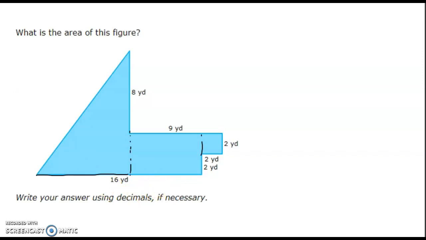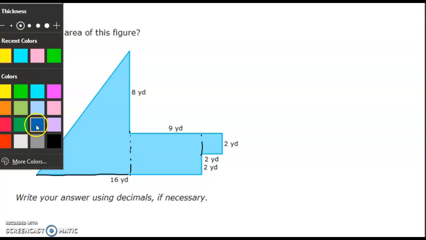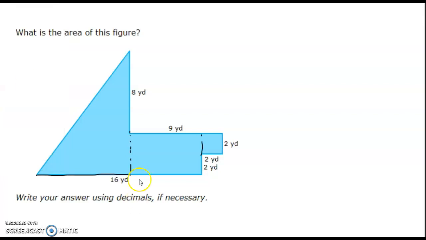So that won't count. Let's try a different tactic. If I know that this whole thing is 9, and I know that this portion is 2, that means this portion takes up 2. This must be 7. And then 16 minus 7 is 9.